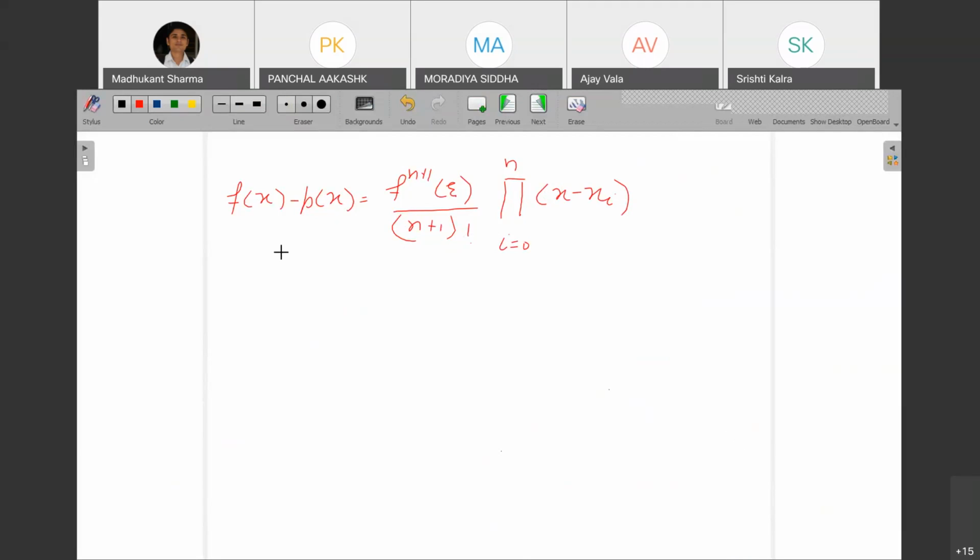This gives you the error in interpolating polynomial of degree at most n at any point x.